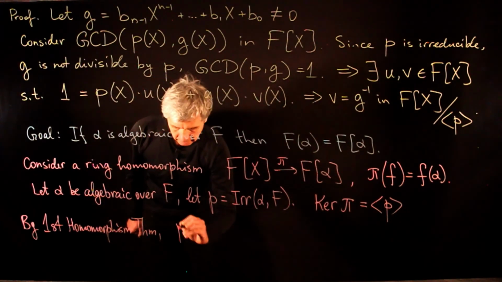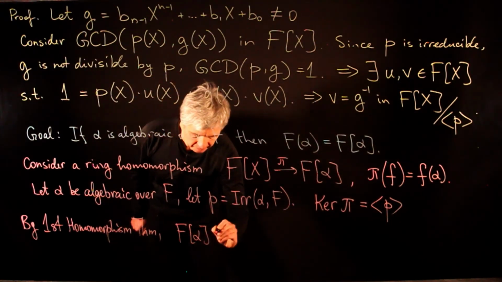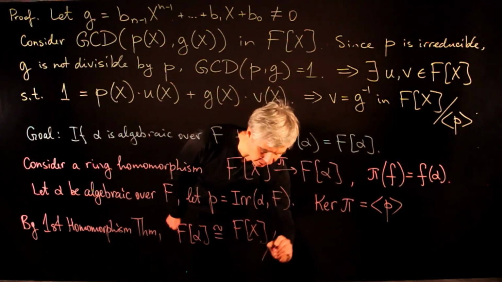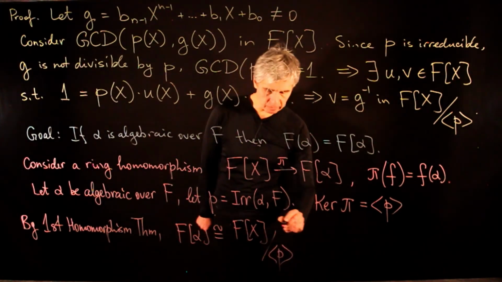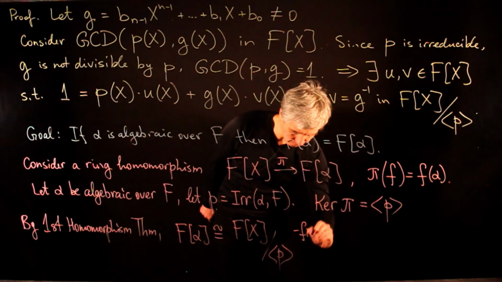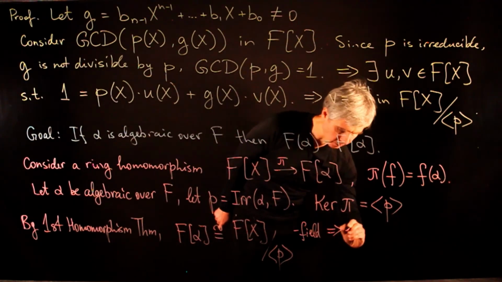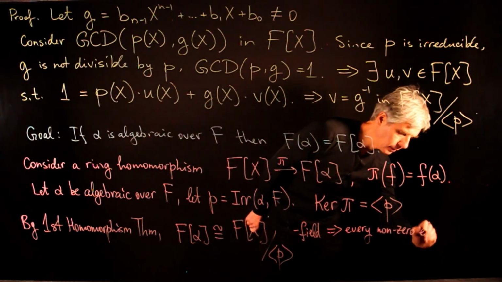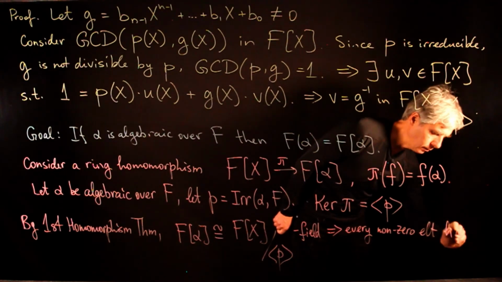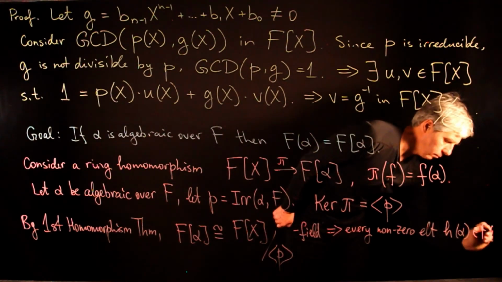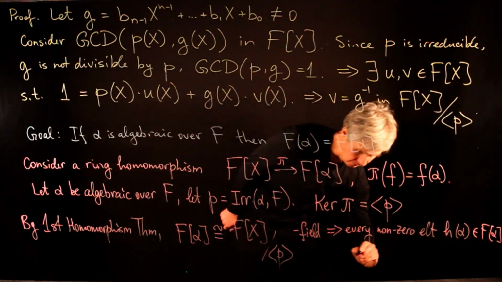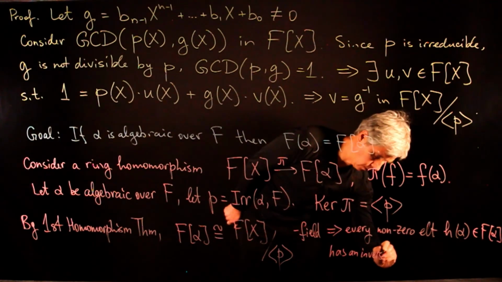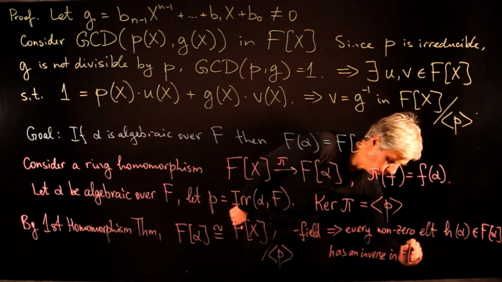we conclude that the ring F[alpha] is isomorphic to the quotient ring F[x] quotient by the ideal generated by p. But we proved that this is a field, and it follows that every non-zero element h of alpha in F[alpha] has an inverse in F[alpha].